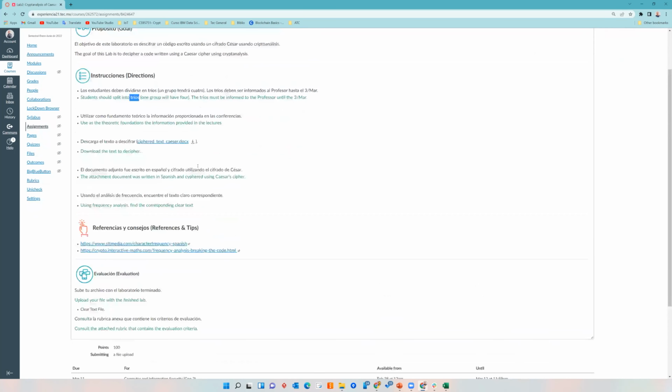You have a test, this test here, a cipher text, okay? You know that you apply the Caesar cipher, and you know that it's rotated in Spanish, okay? In this link, you have the frequency in Spanish, okay? And here you have another explanation about how to apply the frequency analysis, okay? This text is not so small, okay?